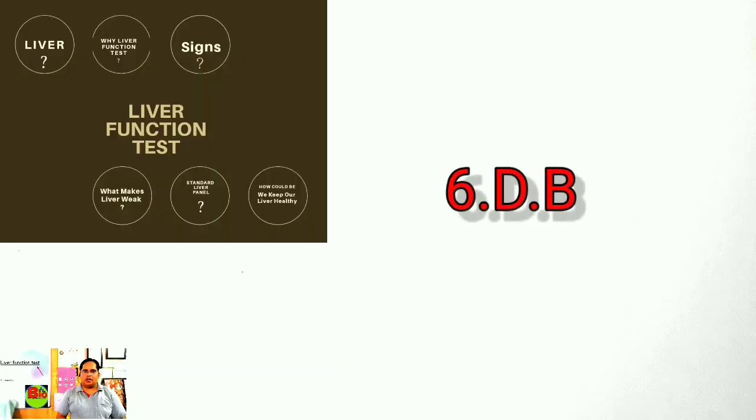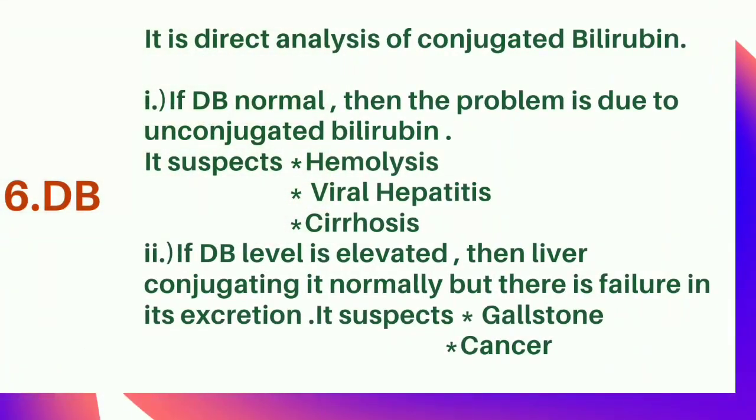Now the sixth test is DB, direct bilirubin. It is a direct analysis of conjugated bilirubin. If direct bilirubin is normal, then the problem is due to unconjugated bilirubin, and it suggests hemolysis, viral hepatitis and cirrhosis.